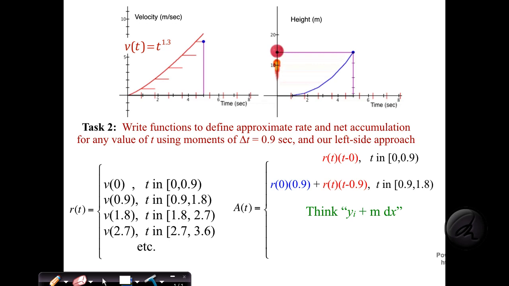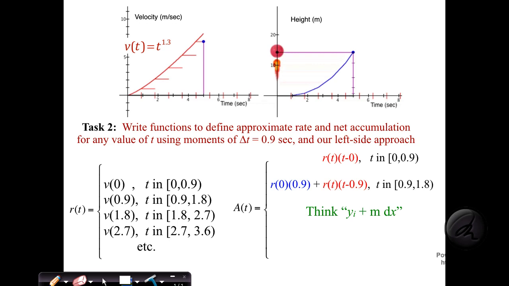I compared how far I am past the beginning of the interval. Remember, what's the end part of that when we're at t equals 5? We found that 0.5. This t minus 0 finds the equivalent. How far am I into the interval, for any value of t, not just when I'm at the endpoint of 0.9?